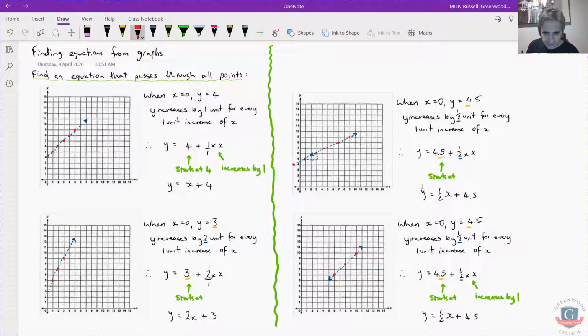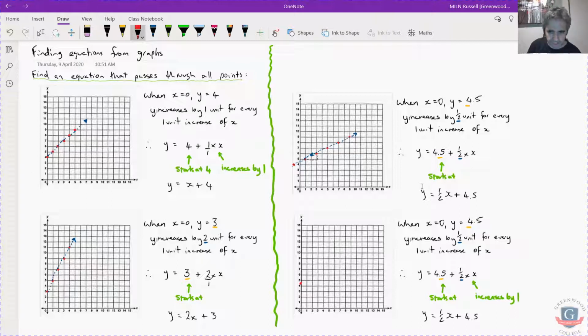Now, I'm not sure that this graph is actually correct. So let's figure it out. At 0, it's going to be 4.5. There it is there. Now, y increases by half a unit for every 1 unit increase of x.